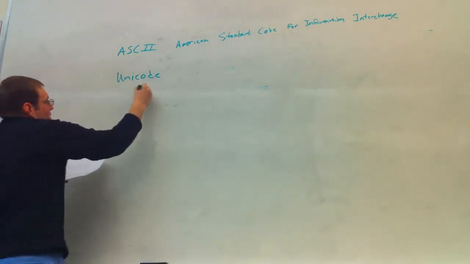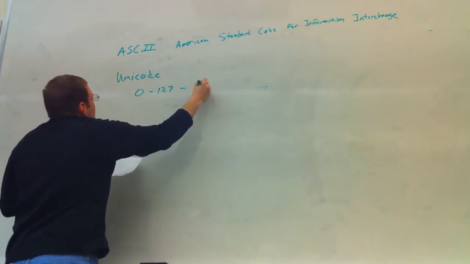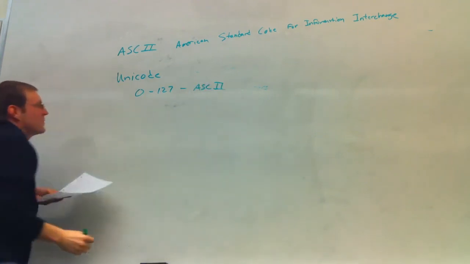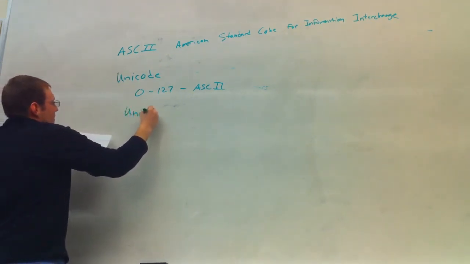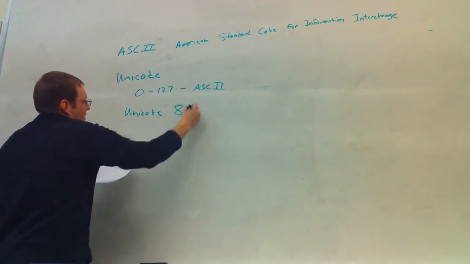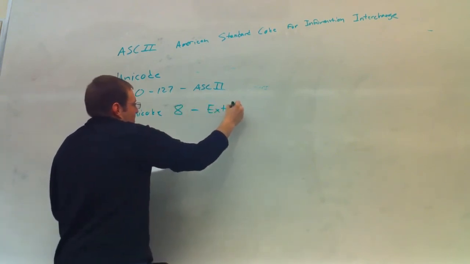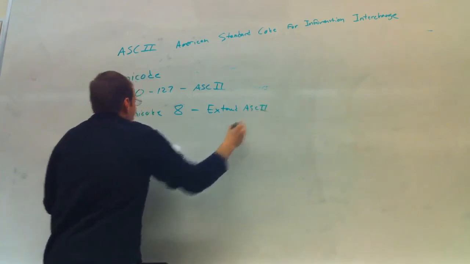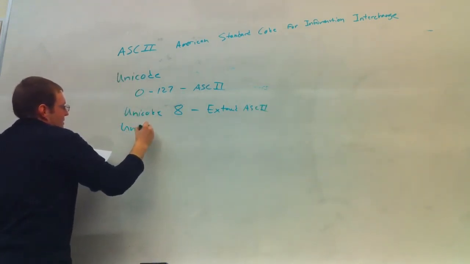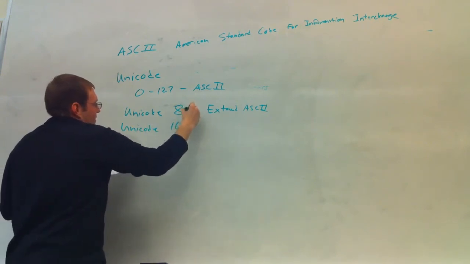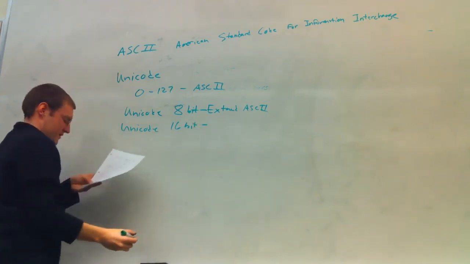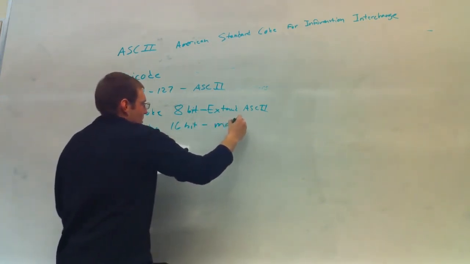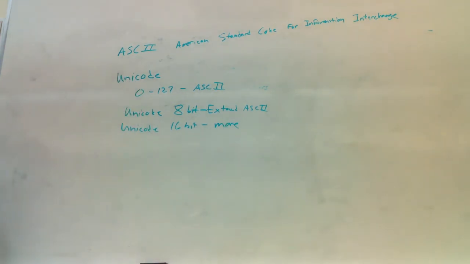The first 127, 0 to 127, is ASCII. And then depending on what it is, we have Unicode 8, which is like your extended ASCII. Then Unicode 16. Sorry. And this allows for more. So Unicode allows us to do Chinese characters, all those kinds of things.